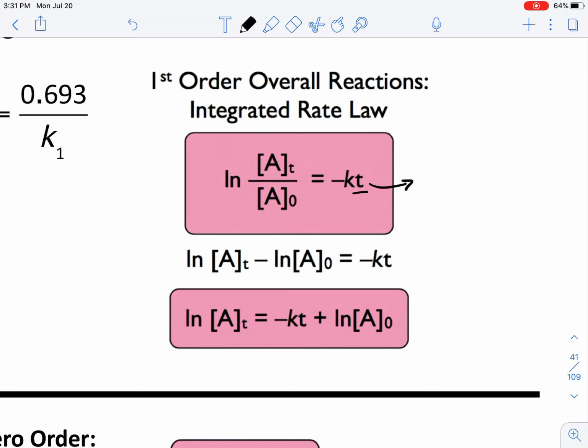Notice how the half is not present in this t. So this t is not representing half-life. This is just representing any period of time. And k is going to represent the rate constant.